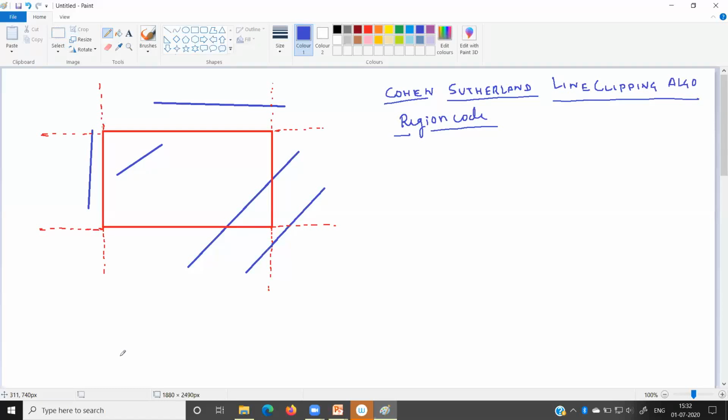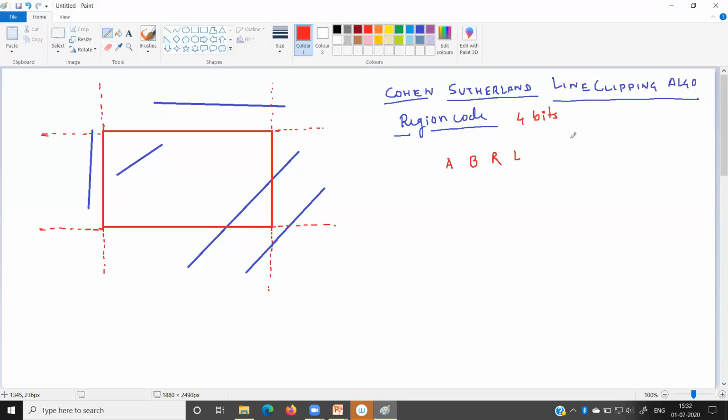What is the logic to generate the region code? Remember that the region code will be a 4-bit region code. The bits are identified as ABRL.